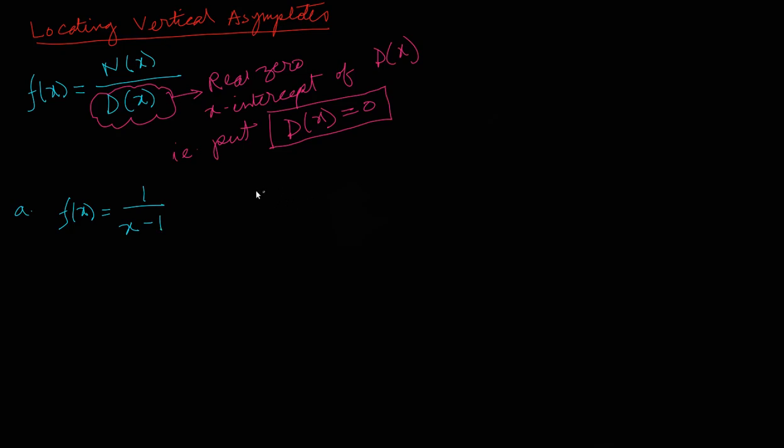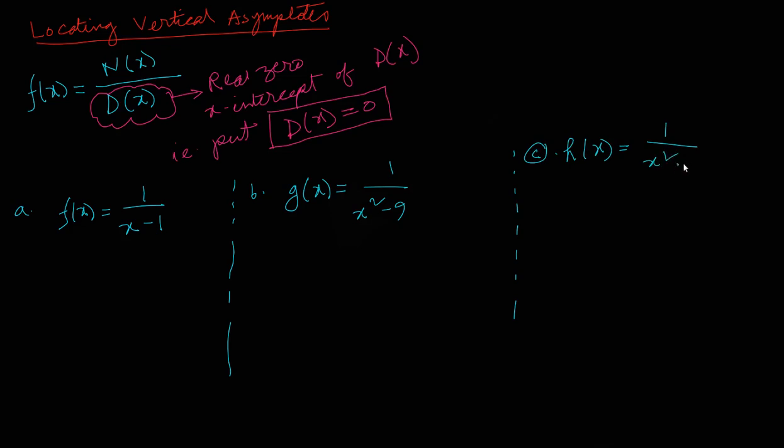And let's say I have another function, g of x, which equals 1 over x squared minus 9. And let's say I have another function c, h of x, 1 over x squared plus 1. Okay, so these are my three functions.